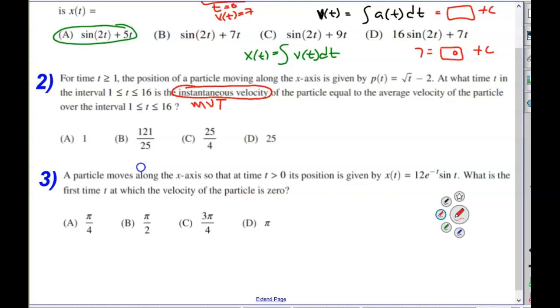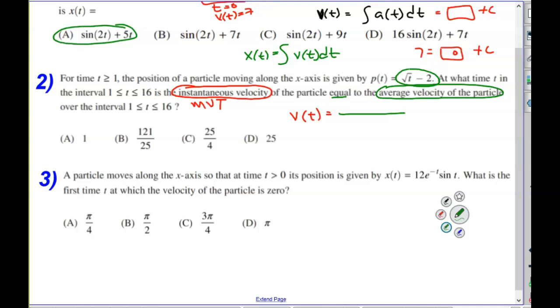The instantaneous velocity. Well, wait a minute, instantaneous is the derivative. So I would have to find the derivative, and that has to equal the average value of the velocity. So I'm going to take the derivative. Actually, there shouldn't be a tick mark because this is position, so we take the derivative of position, which is just velocity.